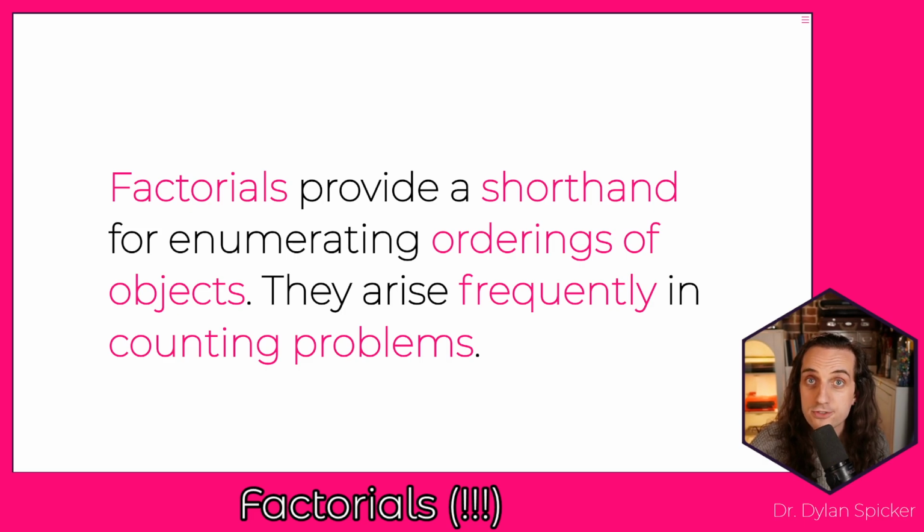And as a result of them being this useful way of enumerating the orderings of objects, they're going to arise frequently in counting problems. So getting comfortable with factorials, using the factorial button on your calculator, but also being willing to just express things in terms of factorials is going to be a very useful skill as you begin to work through combinatorial problems.